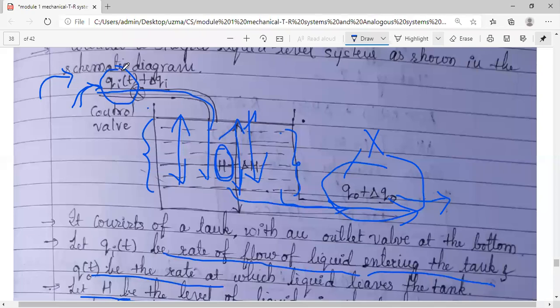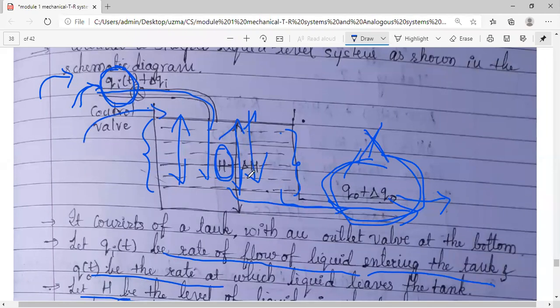Whenever you add some liquid into the tank, no doubt the liquid will flow out depending upon this outlet opening. But Q naught will not act as the output. You should think analytically. What is the resultant of the input you are giving?